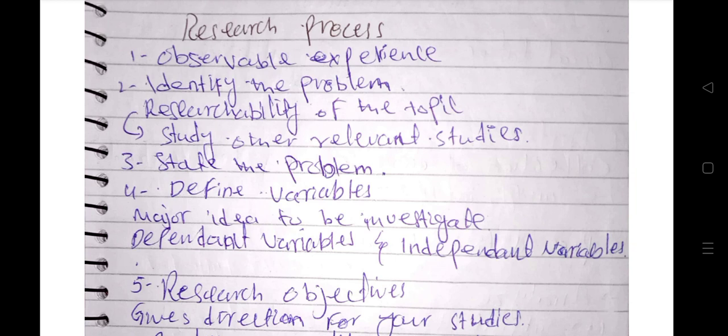Obviously finding and formulating a research problem is the most difficult task to do, right? When you are assigned to come up with a research problem, to choose a research problem or the topic, the area or the niche in which you want to conduct research.